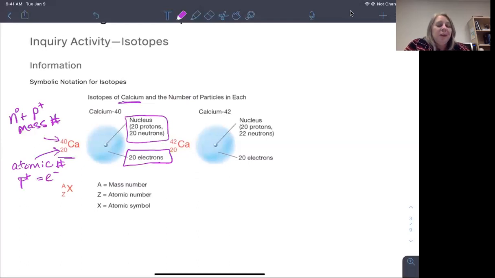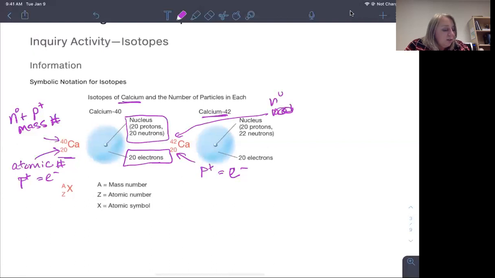And then we have the same thing, except we have a different isotope. So this is calcium-42 on the side. Calcium-42 has the same number of protons, 20 protons, 20 electrons, but it has a different number of neutrons. So this is neutrons plus protons, right? Okay, so let's go down and answer some questions.